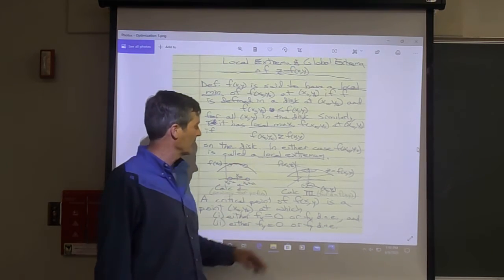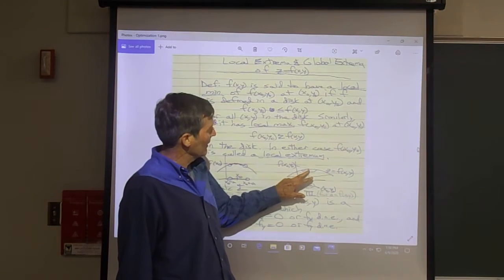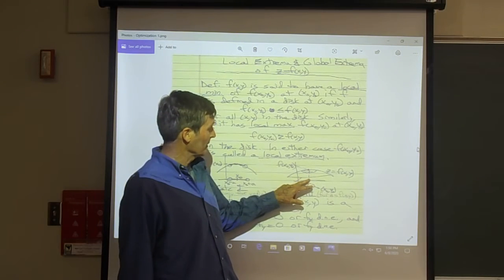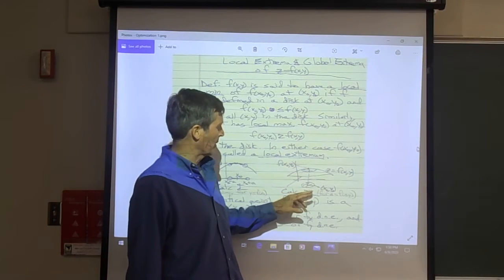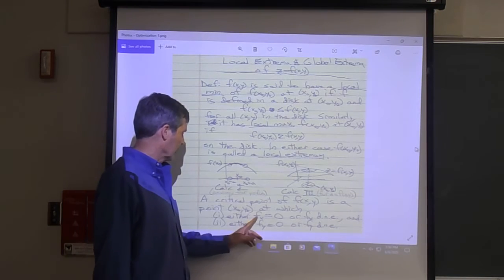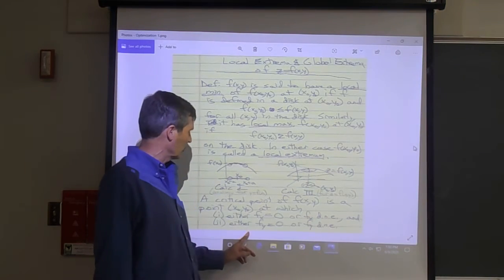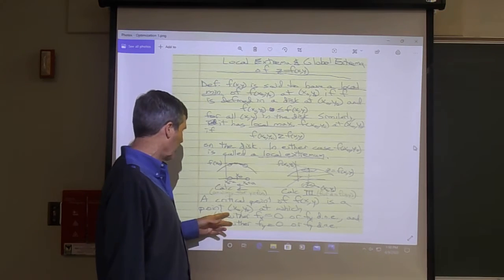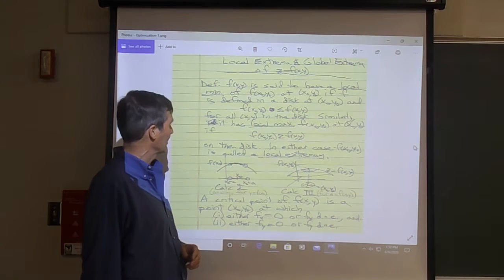Similarly, in calculus now, we'll say there's a nice theorem that says every local maximum or minimum of a function of two variables occurs at a critical point, where a critical point is generalized. Either the partial with respect to x is 0 or doesn't exist, and the partial with respect to y is 0 or doesn't exist. So the critical point will have both these things, that each of the partial derivatives will either be 0 or doesn't exist.